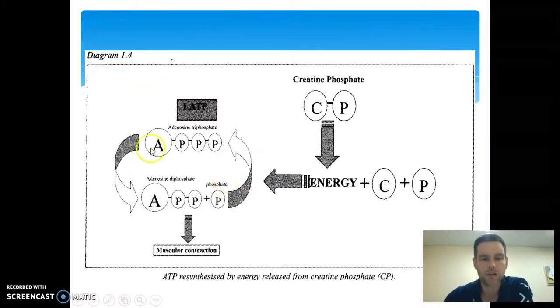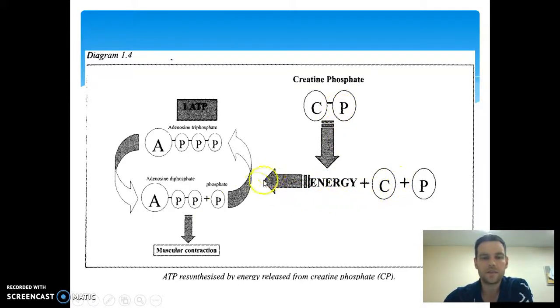So here's another diagram of how ADP gets resynthesized back into ATP for this ATP-PC system. Here we've got the energy being released in the form of going towards muscular contraction, same as before. But now we're getting our energy from our CP stores inside our muscle cells.